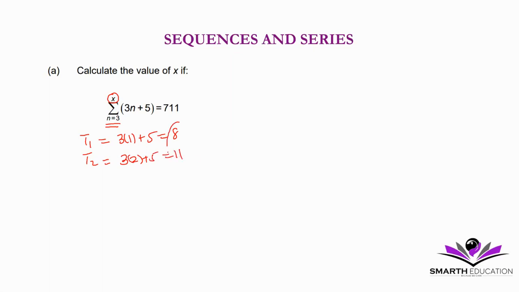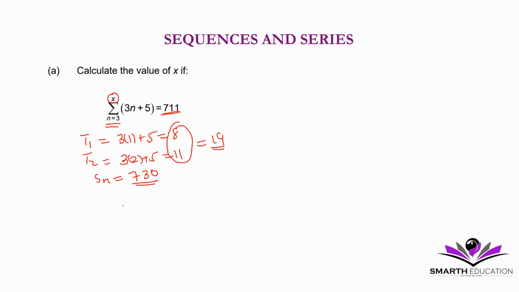So if we add these two, this is equal to 19. If we include the first two terms, then our sum is going to go up by 19. It's now 730. So our Sn is going to be 730. We have included the first two terms, term 1 and term 2.